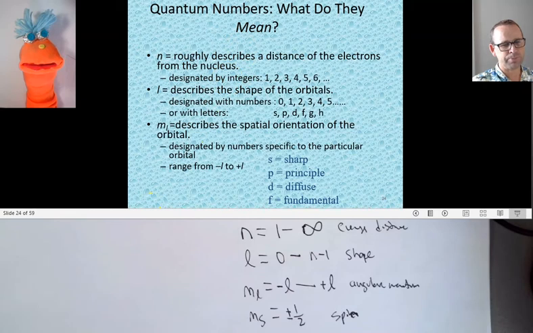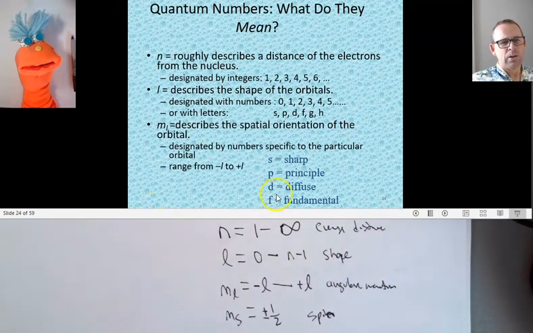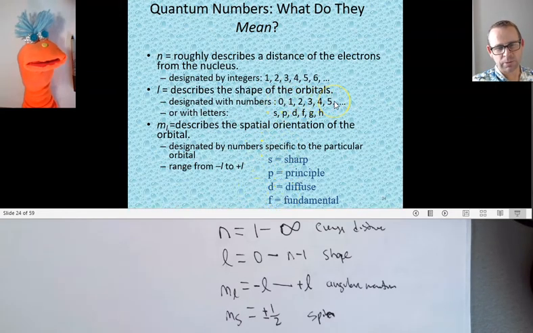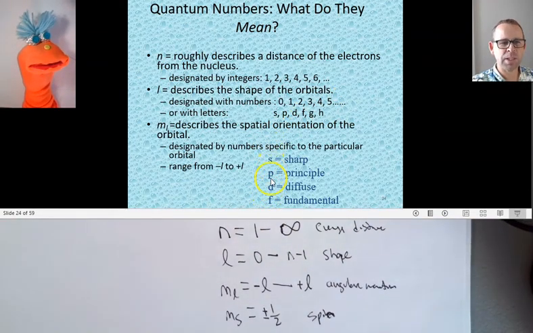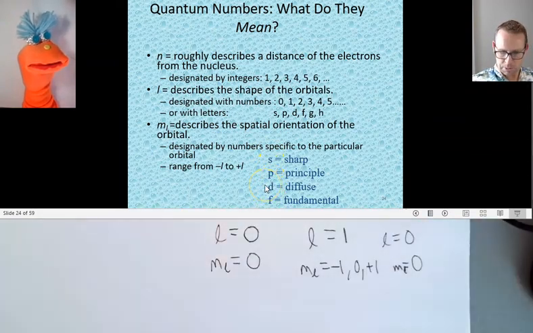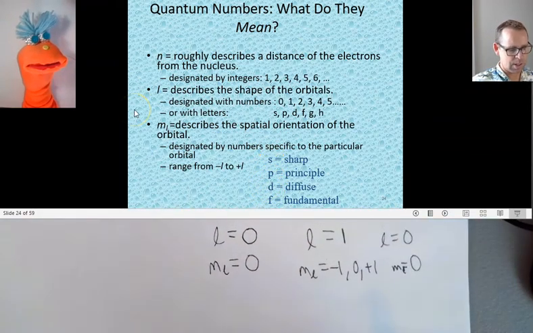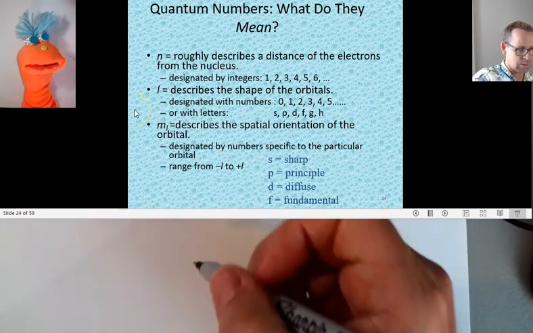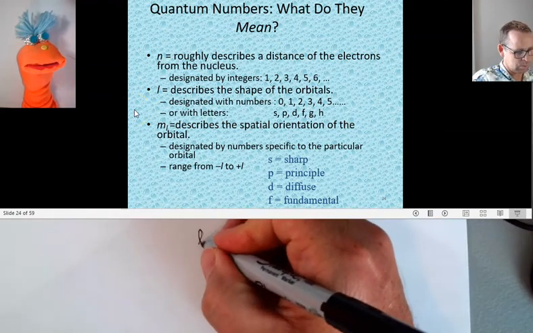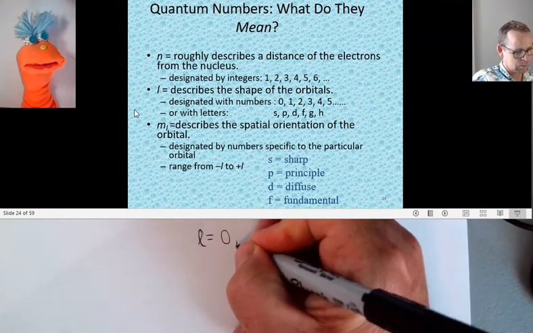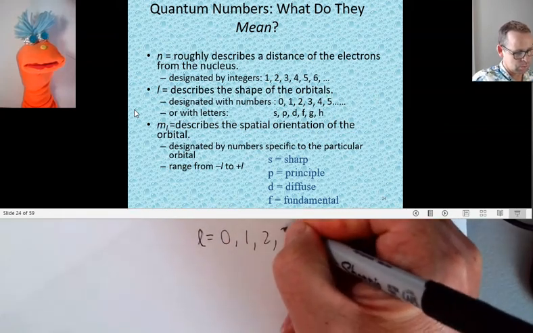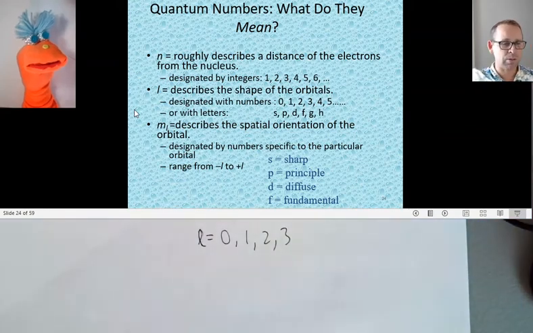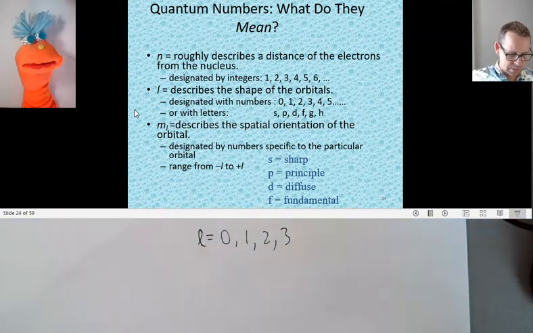Okay, good. Now, our L values, which are 0, 1, 2, 3, 4, 5, they have letters associated with them. The letters are S, P, D, and F. So let me write this down for us. If L equals 0, 1, 2, or 3, possible L values, then we have letters that go along with this.